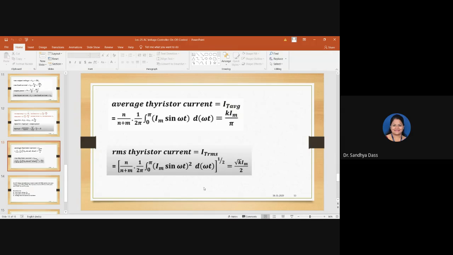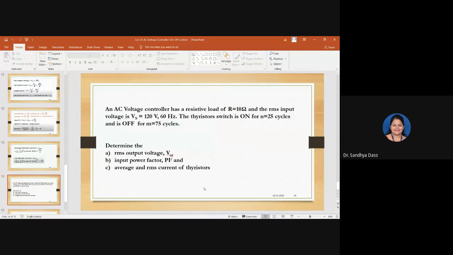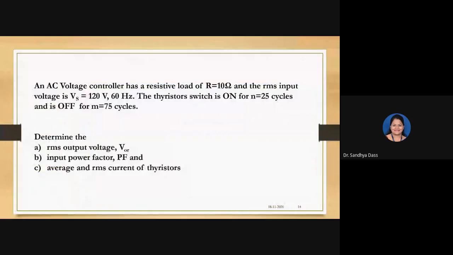With those expressions, I want you to solve this problem and give me the answer right now. I hope you have copied all the expressions. This is the question. An AC voltage controller has a resistive load of R equal to 10 ohms, and the RMS input voltage Vs is 120 volts, 60 hertz. The thyristor switch is on for n equal to 25 cycles and off for m equals 75 cycles.